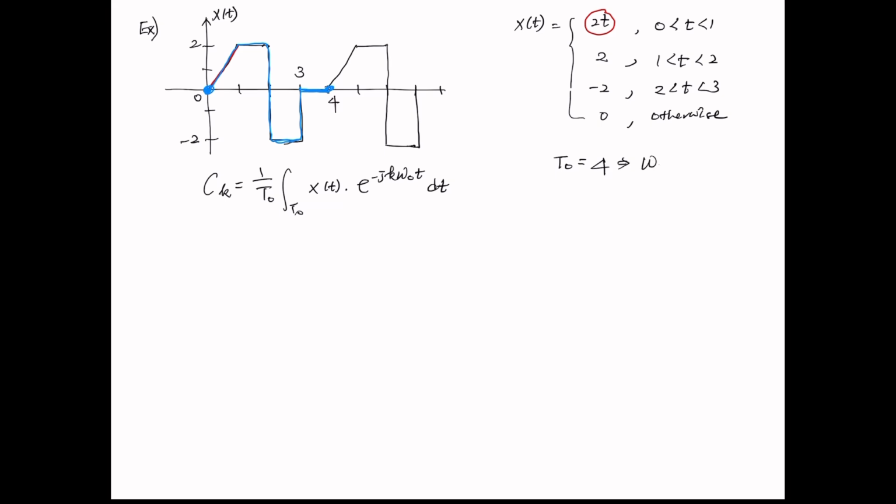That means omega naught equals 2 pi over T naught, which is 2 pi over 4. That is pi over 2. Now we need to put this x of t into this.